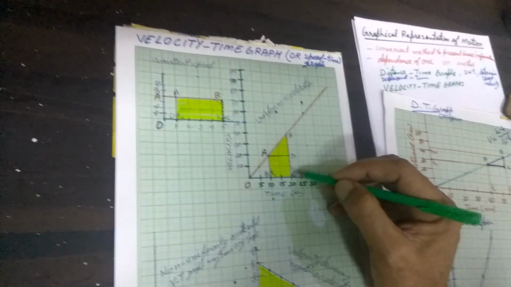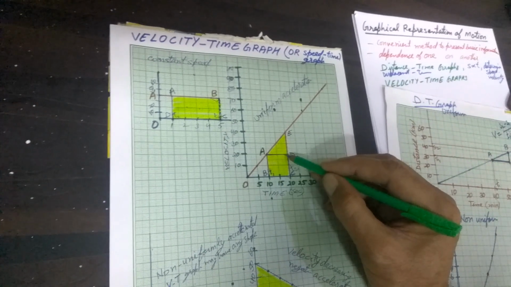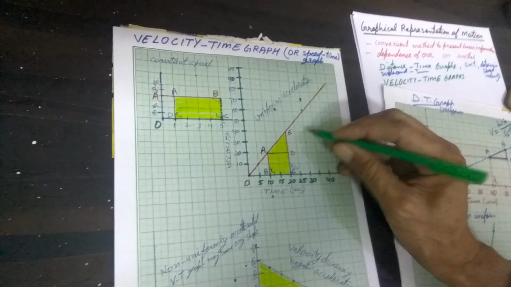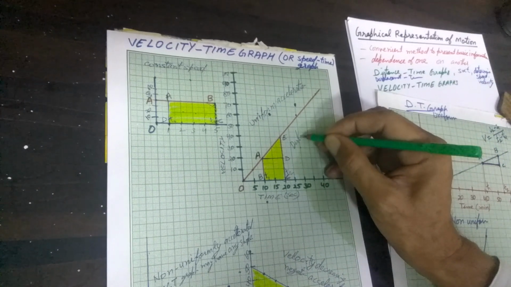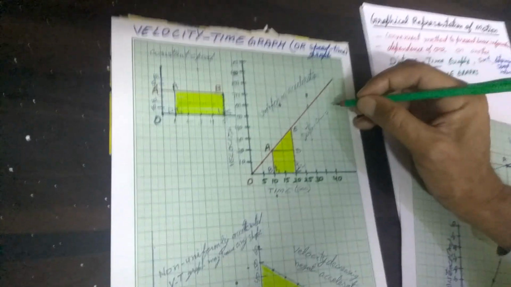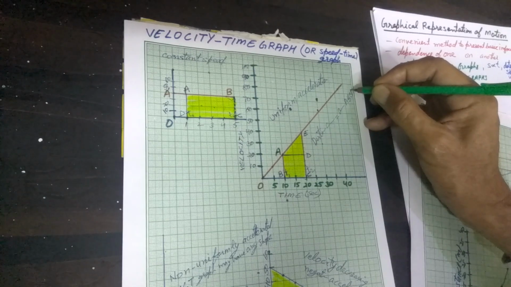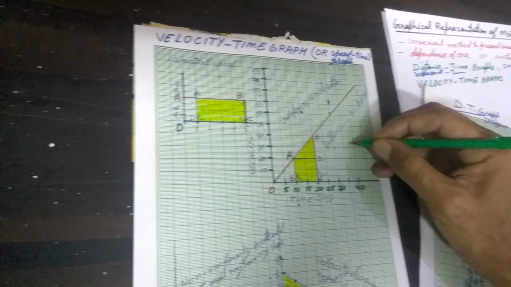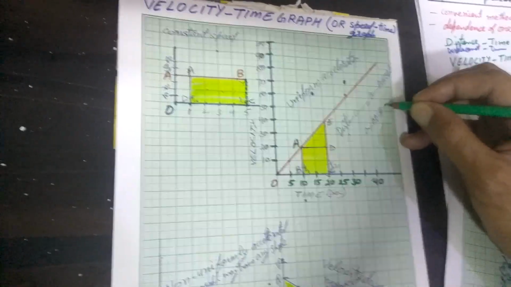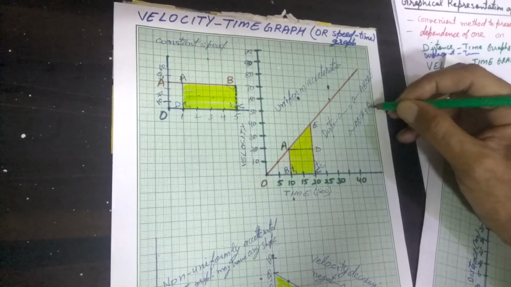How do you find out this area? See, you can see a rectangle being formed and a triangle being formed. So the distance covered can be found out by the area of A, B, C, D, E. That is area of ABCD plus area of ADE.